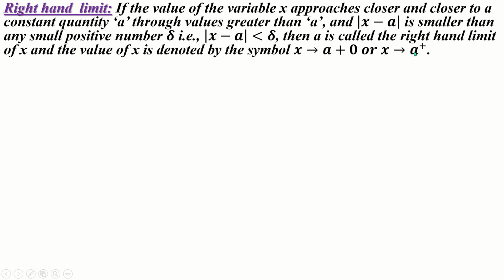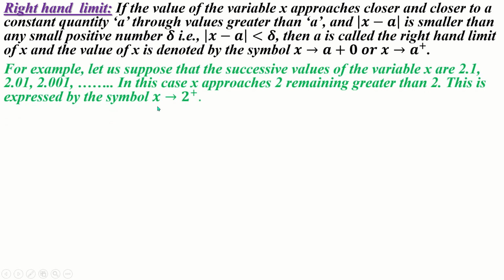If a is equal to 2, the value will be 2.1 or 2.01 or 2.001, etc. And this is denoted x tends to 2 plus or x tends to 2 plus 0. Okay.